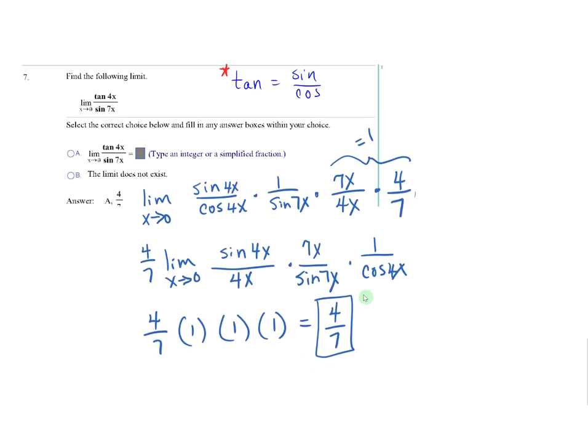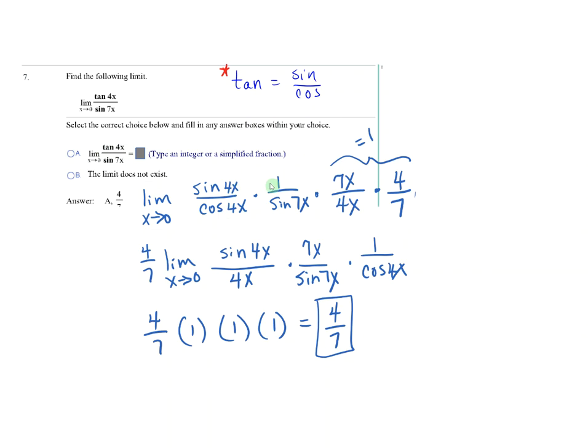Number 7, the limit as x approaches 0 of tan 4x over sine 7x. Remember that tan is sine over cosine. So, in order to do this, we'll rewrite this as sine 4x over cosine 4x. That takes care of the tan.